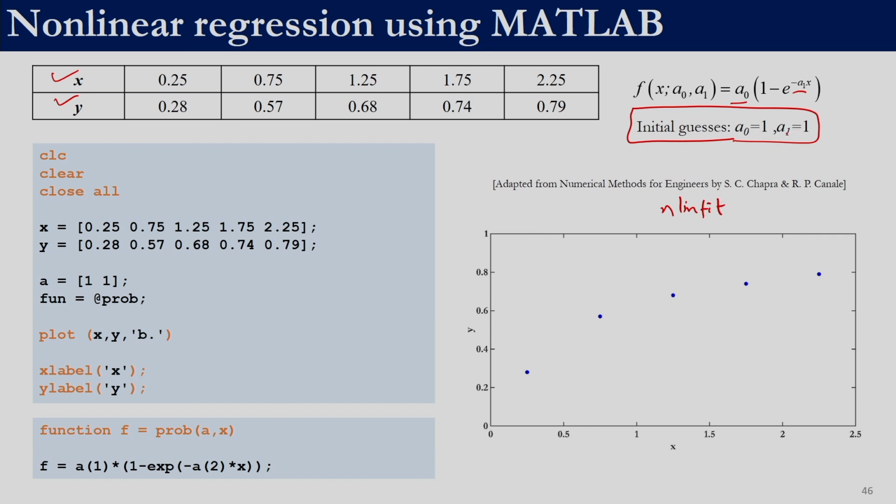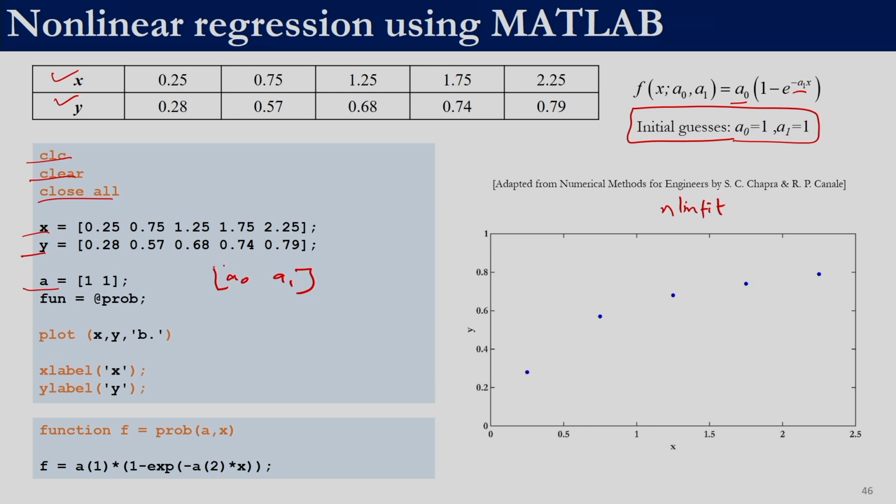The way to do it is, first we need to define the data points. Before that, clc, clear, close all as usual. This is the guess that we are going to work with. A is equal to 1 comma 1. We have chosen the convention to be a naught, a1.